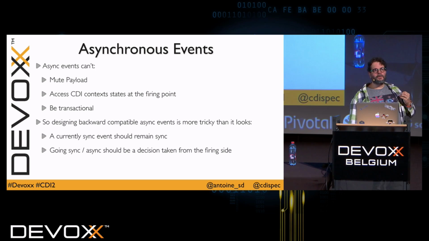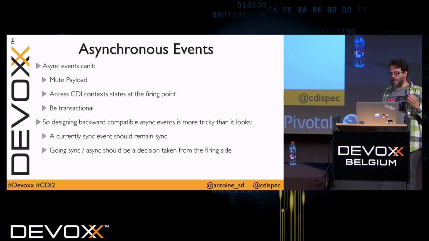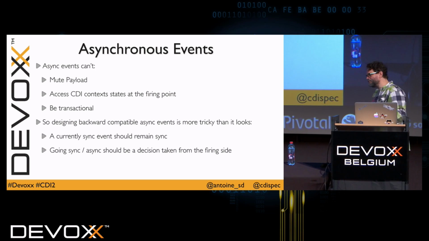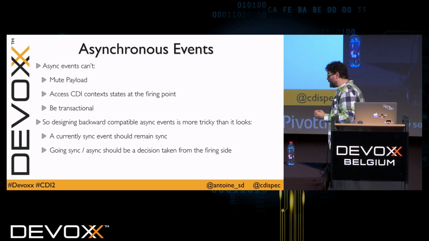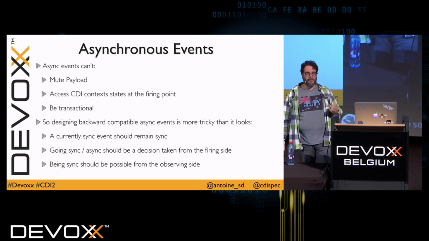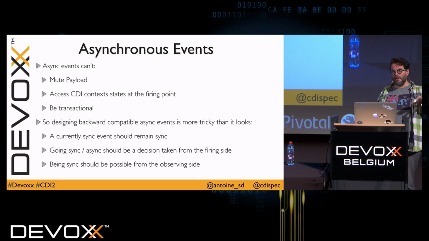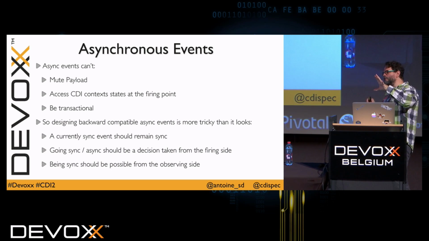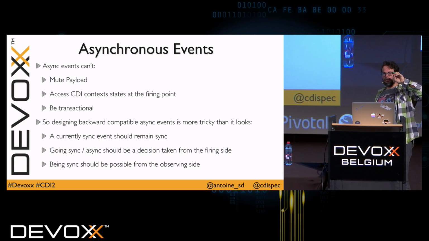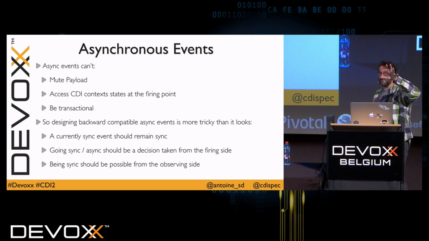If we want to go async, we should decide it on the firing side. But we should also decide it on the observing side. Why? Because you have libraries that are firing events, and they are not listening to these events.